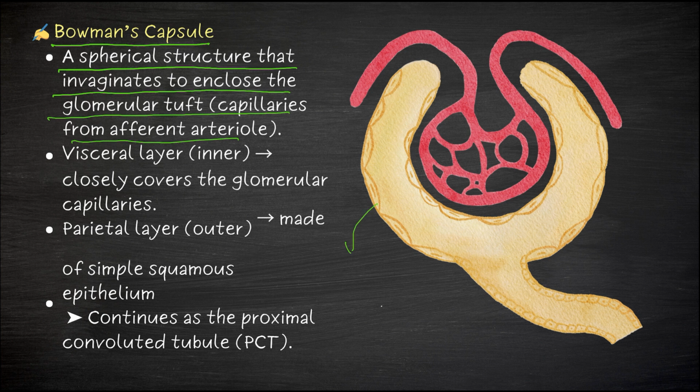The outer layer is called the parietal layer, the parietal wall. And the inner wall is called the visceral layer. It is a double-walled cavity, and here is the tuft, the glomerulus.